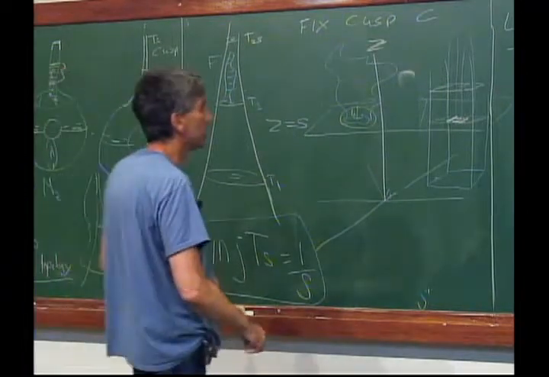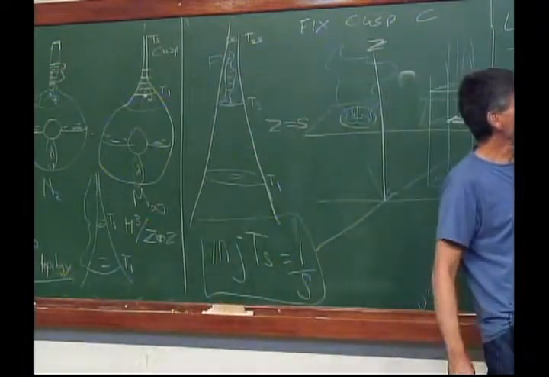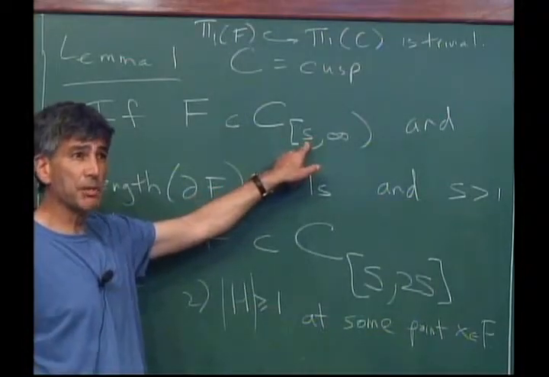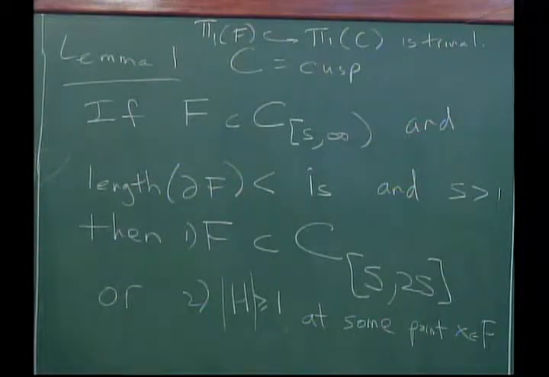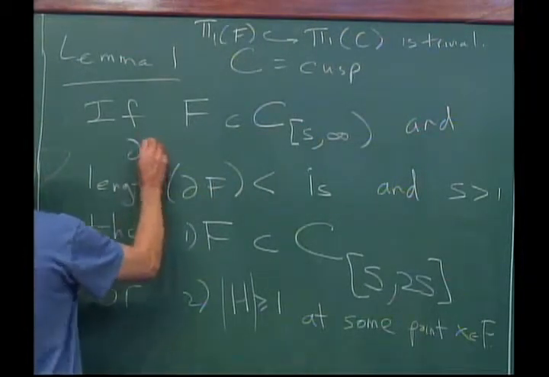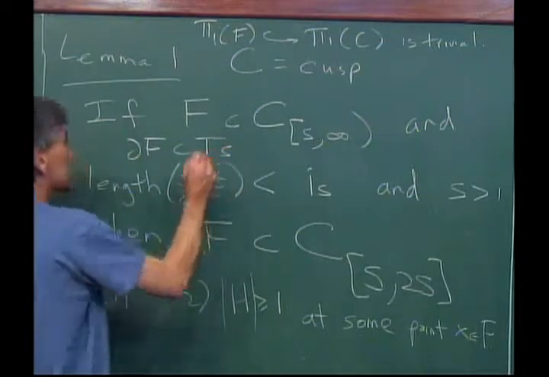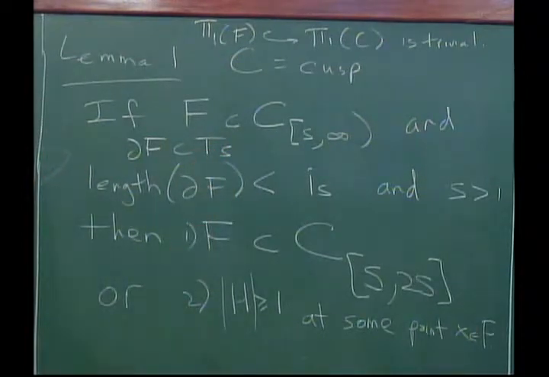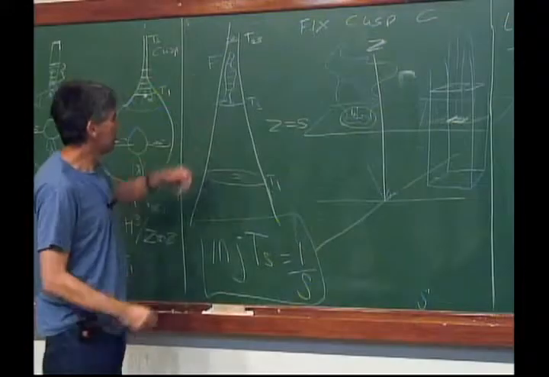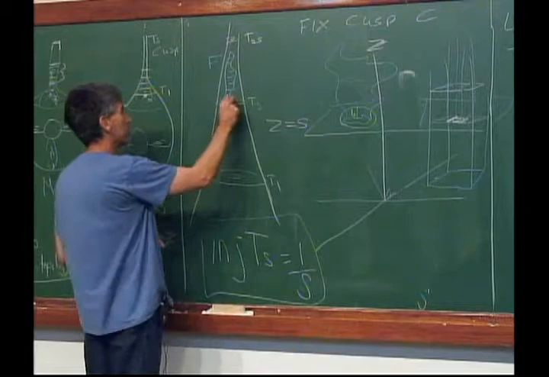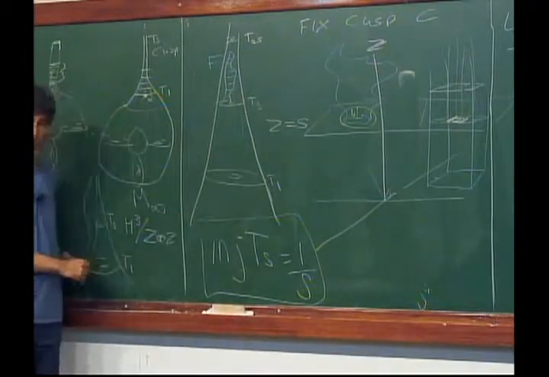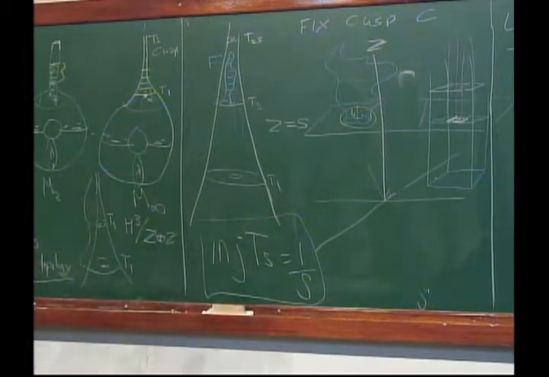Yes, I'm assuming that the boundary of f lies in this torus T sub s. But in fact, f can lie anywhere in the cusp. If you want, you can allow f to go to both sides.